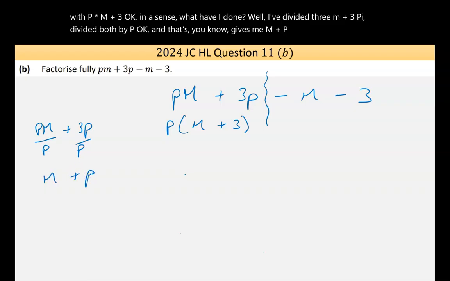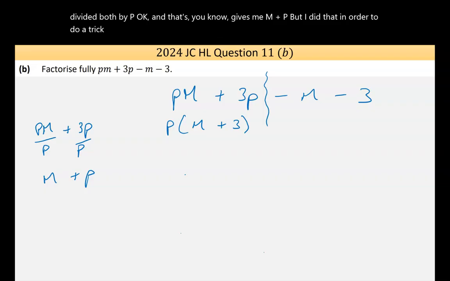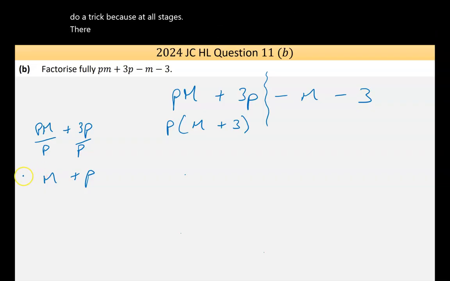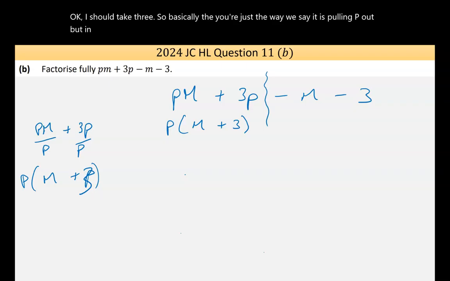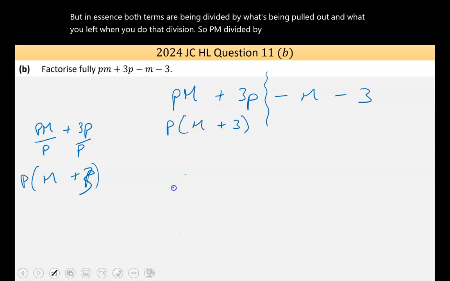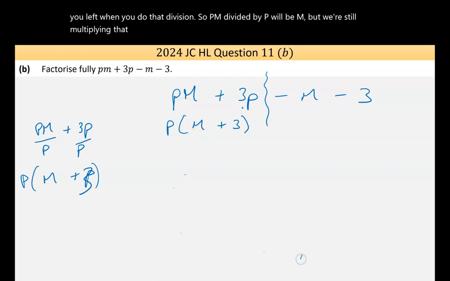But I did that as a trick, because at all stages everything was still multiplied by p. Basically, the way we say it is pulling p out, but in essence both terms are being divided by what's being pulled out, and you're left with what remains after that division. So pm divided by p would be m, but we're still multiplying that by p. 3p divided by p would leave 3.